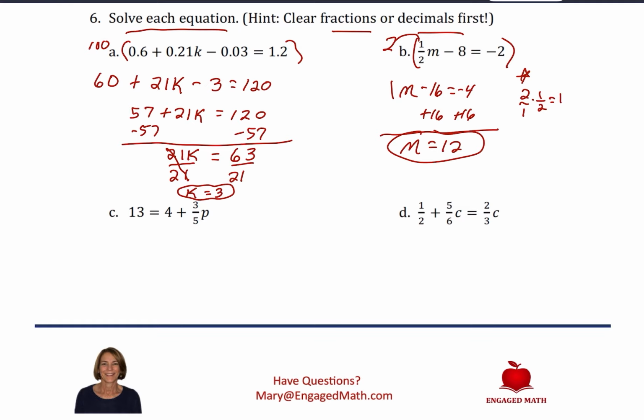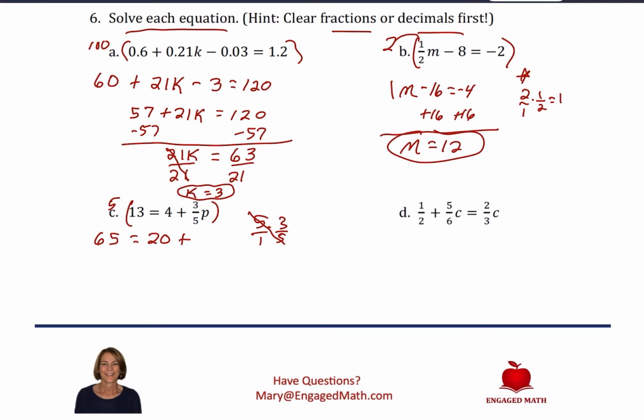Let's look at the next one. Here, our common denominator is 5. So I'm going to multiply the entire equation through by 5. I'm going to put the 5 right here above the C. So 5 times 13, 65. So 65 equals 20 plus, and now remember, 5 times 3/5. You don't actually have to do 3 times 5 and get 15 and divide by 5.